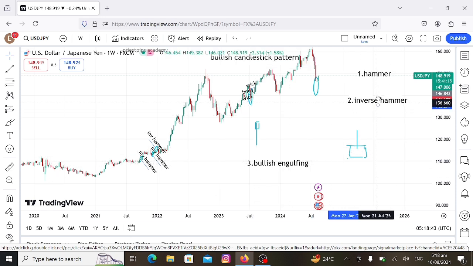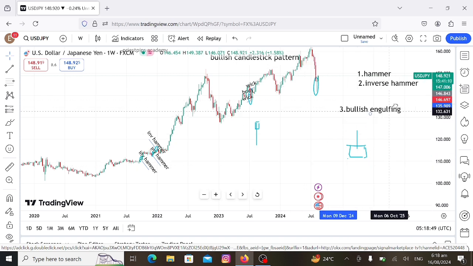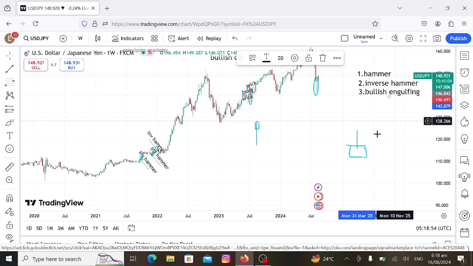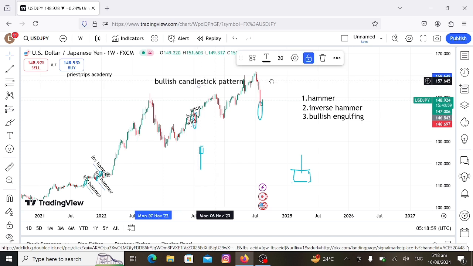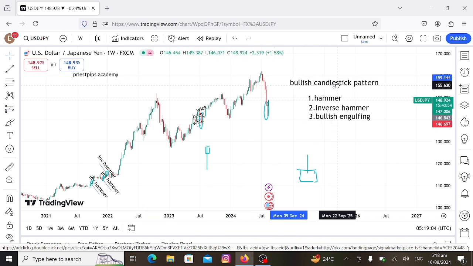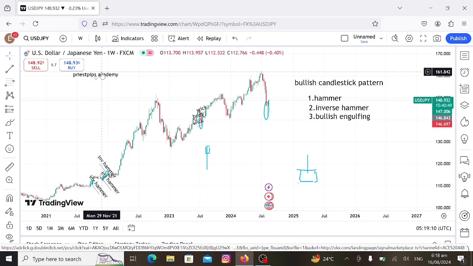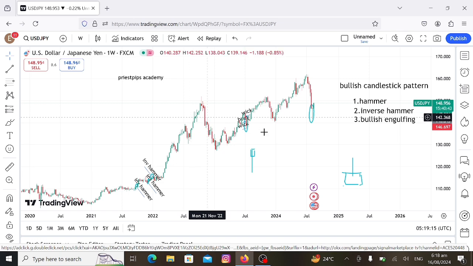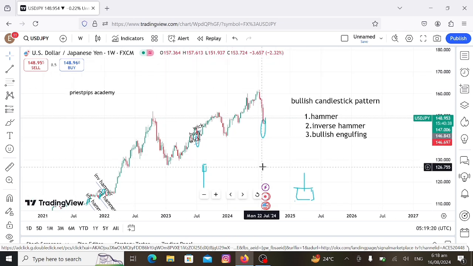But two was this. Number three, looking at this, bullish engulfing, where this is the main topic. Bullish candlestick pattern. Alright, so number three is engulfing.